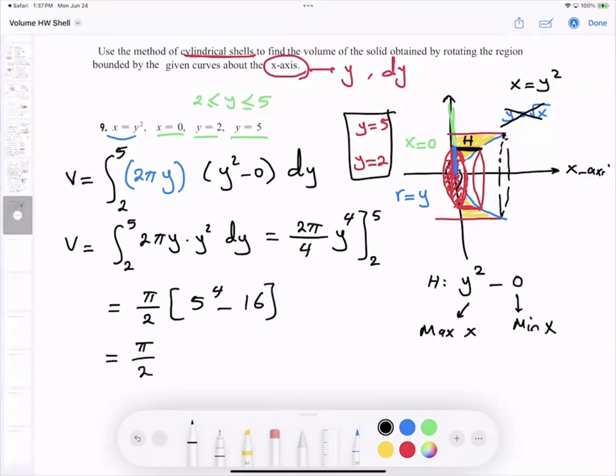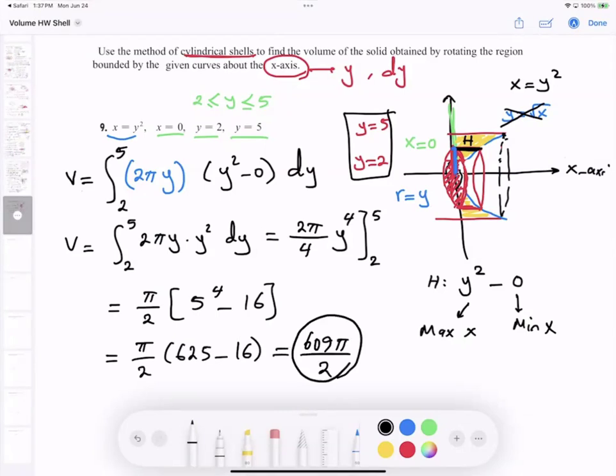Pi divided by 2 times 625 minus 16. If we do the subtraction and divide by 2, you get 609 pi divided by 2, which is the volume of this object that we rotated about the x-axis using the shell method.